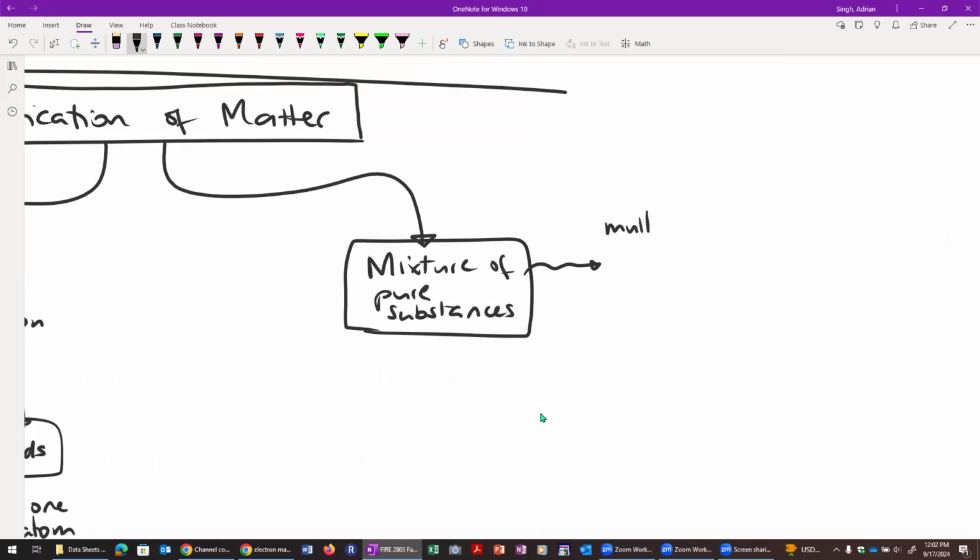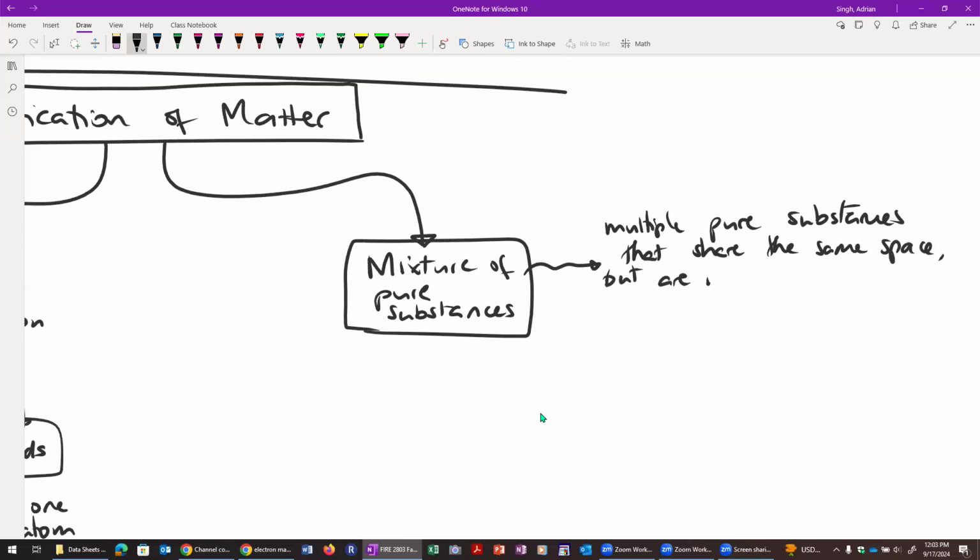We say multiple pure substances that share the same space, but they're not chemically combined. Okay, they're not actually stuck together with a chemical glue.